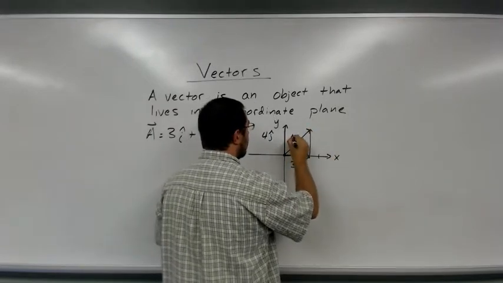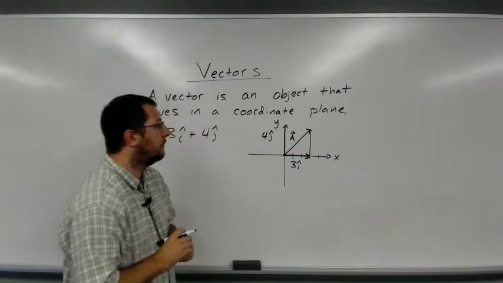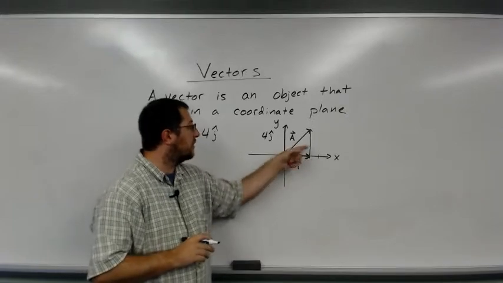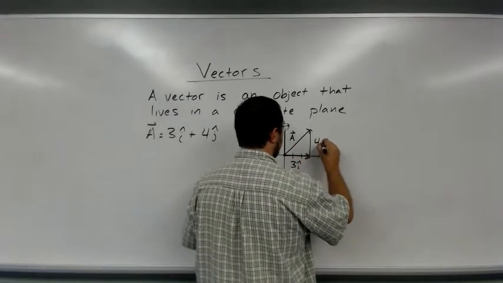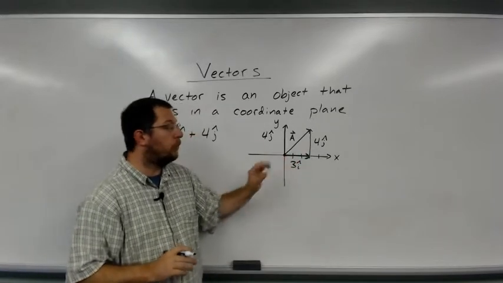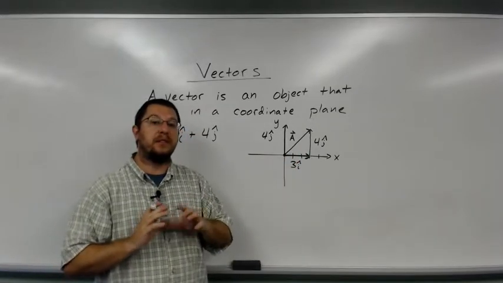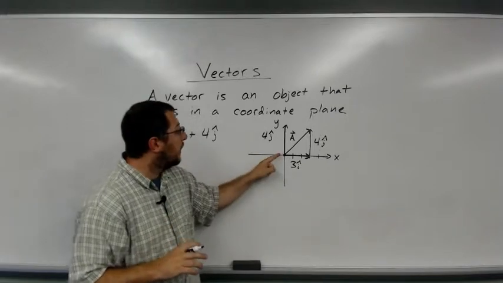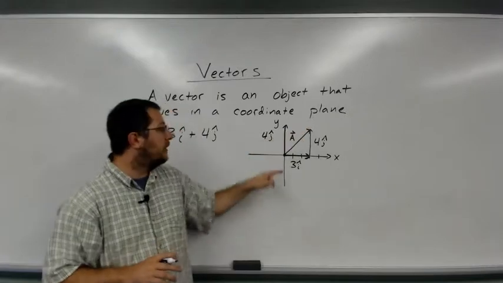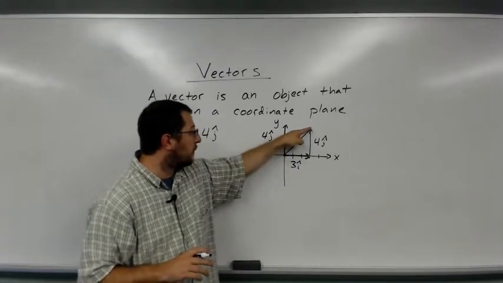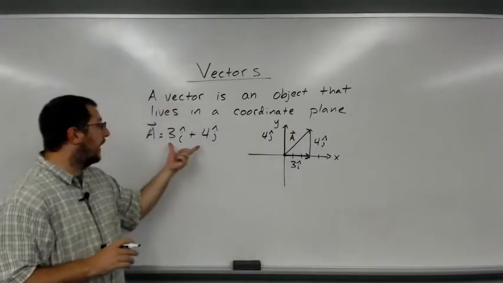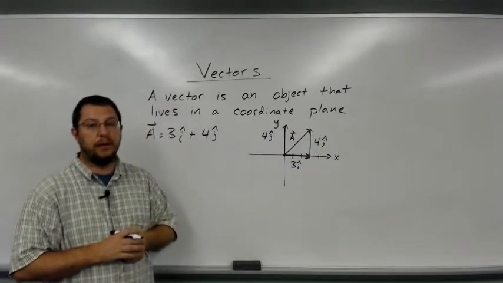So that is the vector A. I have 3i hat in the x direction. I have 4j hat. And when I add these two together, when I displace one of them such that its tail is at the other's tip, and I draw my new vector from the origin to the new tip, then that object is my vector A.